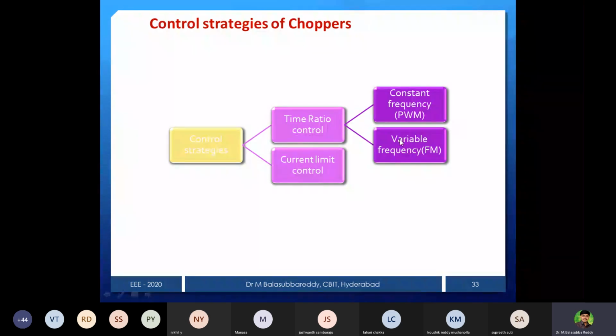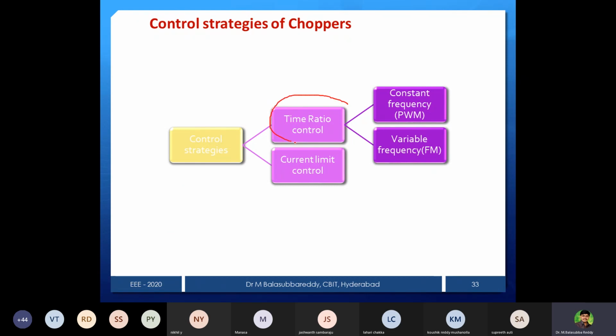If I keep capital T variable by varying the off duration or on duration without fixing T constant, I call it pulse width modulation, frequency modulation, that is the variable frequency case, and the constant frequency case is pulse width modulation. So these are the control strategies of a chopper. Any of the methods have their drawbacks also, and I will explain that also.